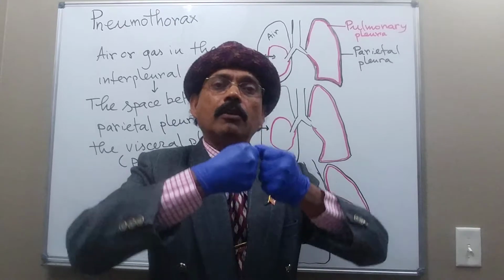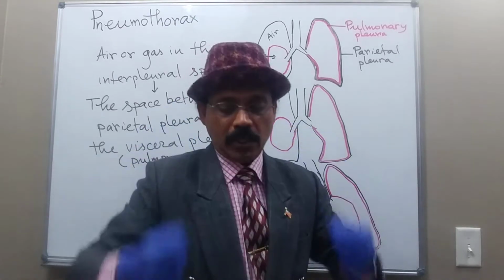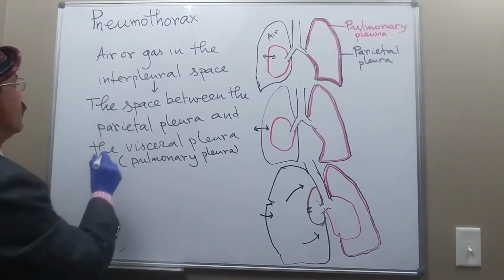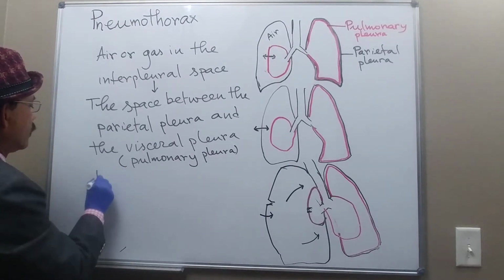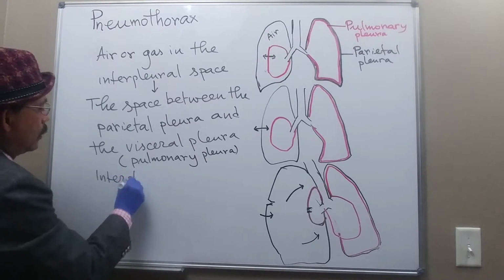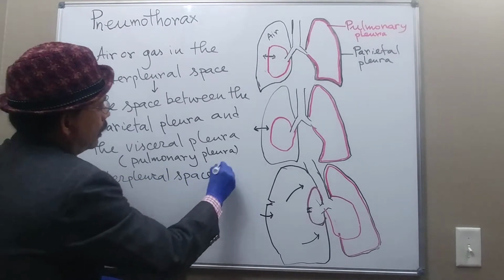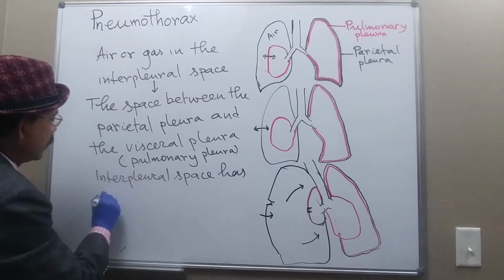That negative pressure always keeps the lung expanded. Interpleural space has negative pressure.